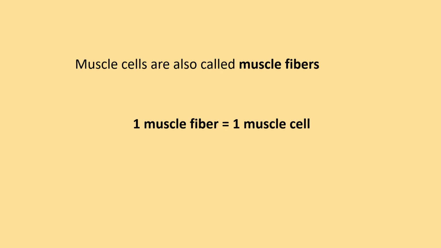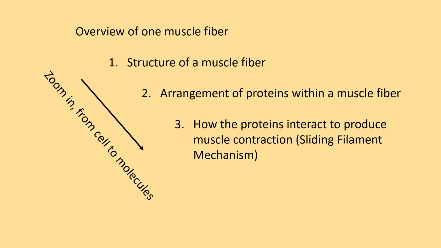So muscle cells are also called muscle fibers, and that can be a confusing term because sometimes we use the word fiber to refer to a protein, right? Like collagen is a fibrous protein, this long stringy protein. And proteins are not cells, right? Proteins are molecules, and cells are cells. So keep in mind that a muscle cell is also known as a muscle fiber.